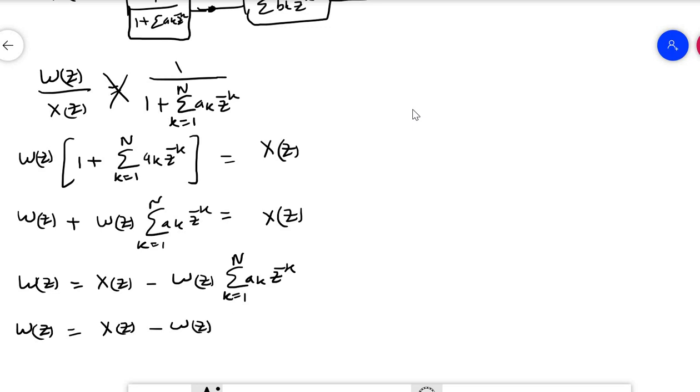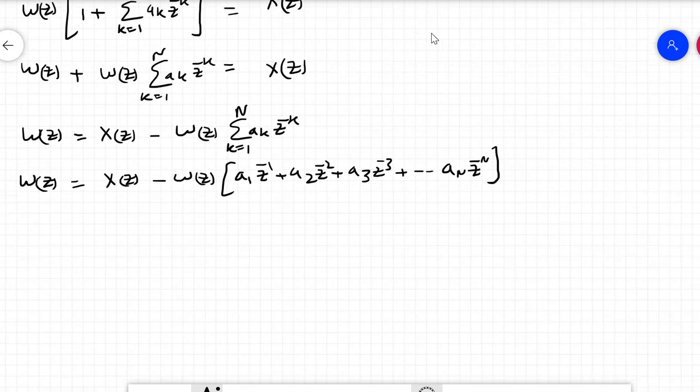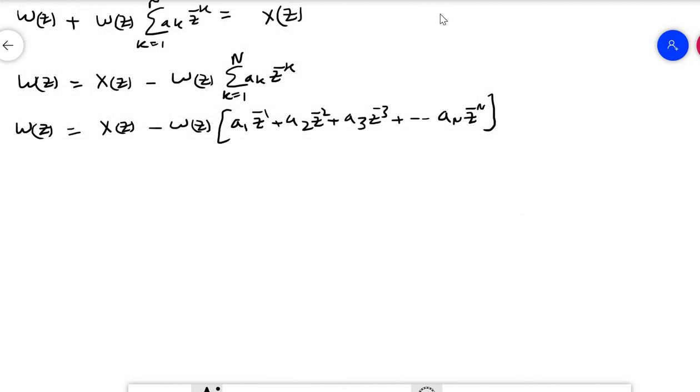W(z) means 1 + a1 z^-1 + a2 z^-2 + a3 z^-3 and so on till an z^-n. After that, we can realize this form in the n domain also.